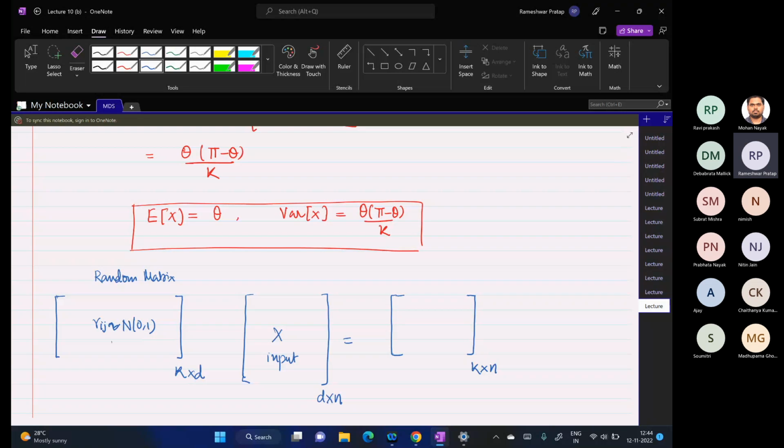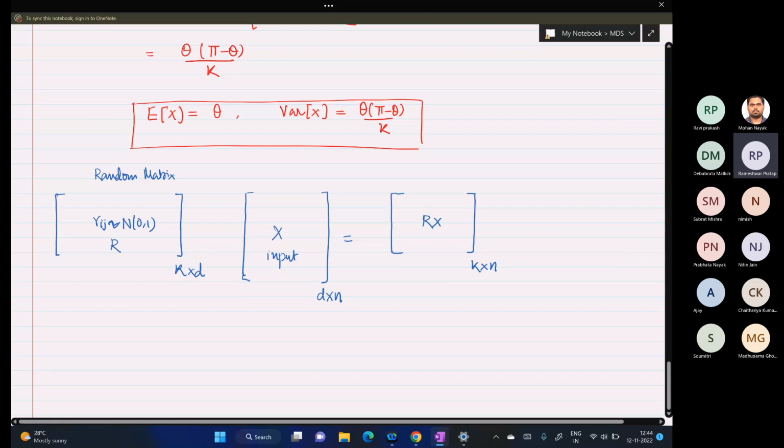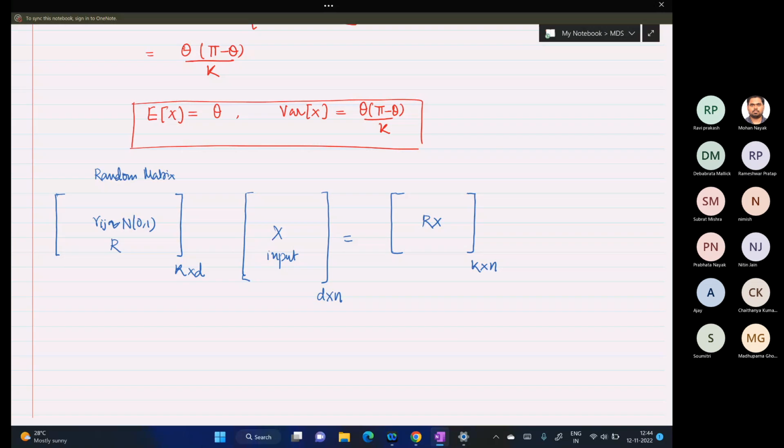So this is R, this is X, so this is Rx, right? So this is what we used to do in case of random projection or JL lemma, right?